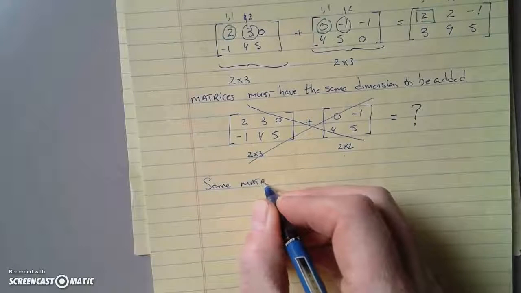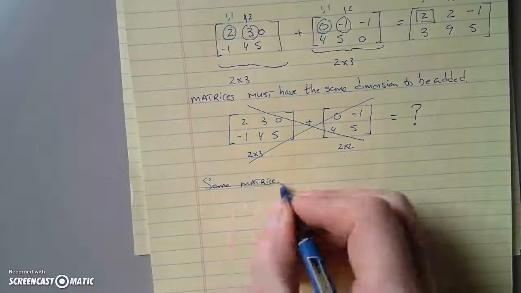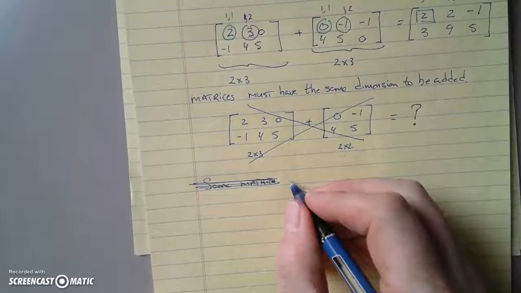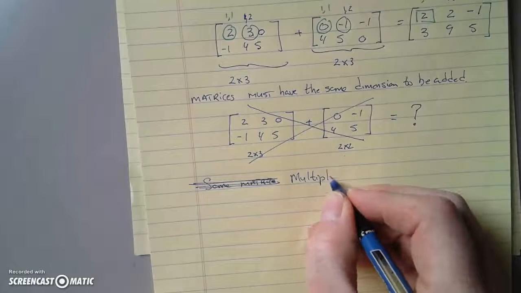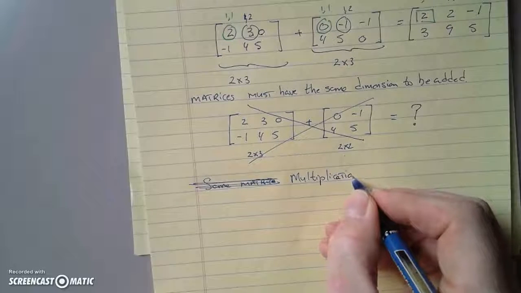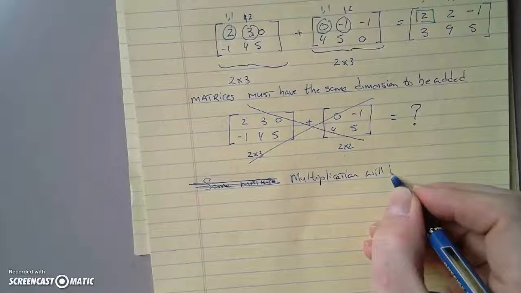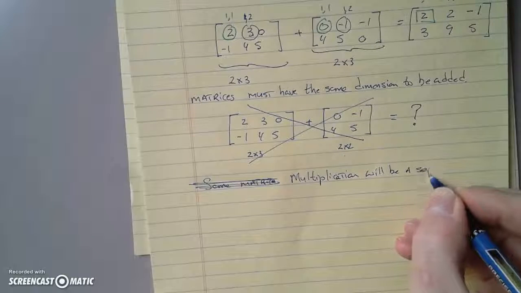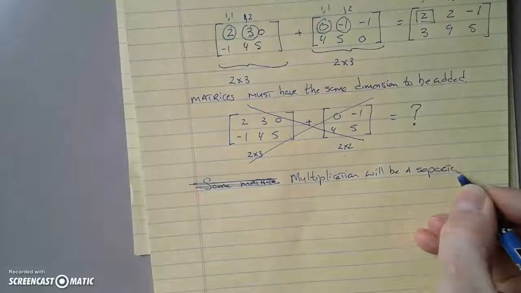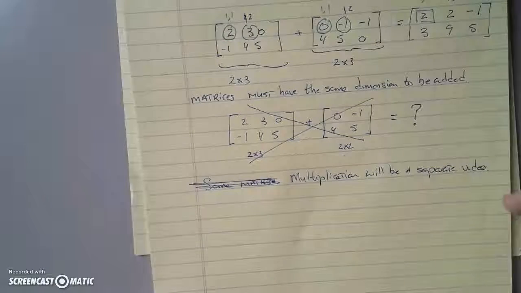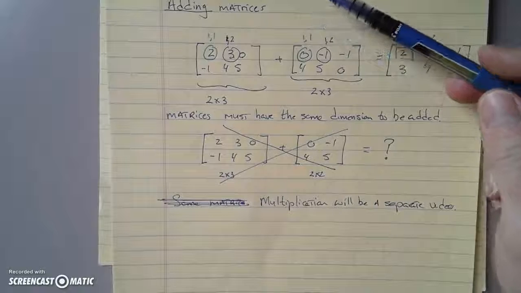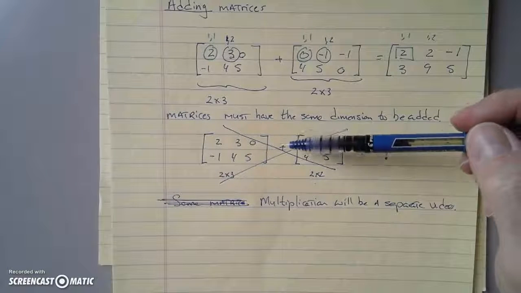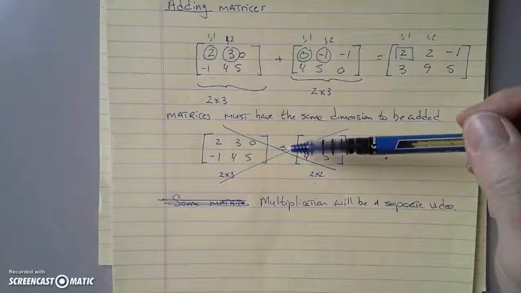So that's adding matrices. They have to be the same dimension. Multiplication is going to require a separate video. But you should see, at this point, the things that we've talked about doing to matrices are in fact the same things you do to vectors, and they're done the same way.